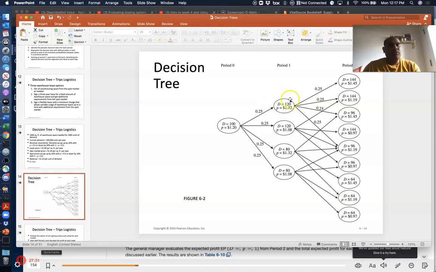So when we calculate the net profit for this scenario, we are going to calculate the profit if demand is 120 and the spot market price is $1.32, plus there's a 25% chance that this is going to happen in the future, plus a 25% chance that this is going to happen, a 25% chance that this is going to happen, and another 25% chance that this is going to happen.